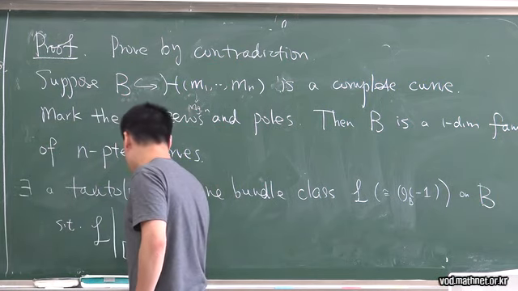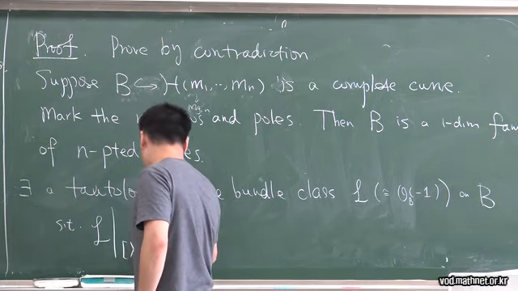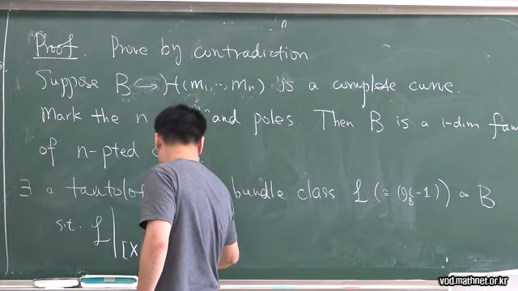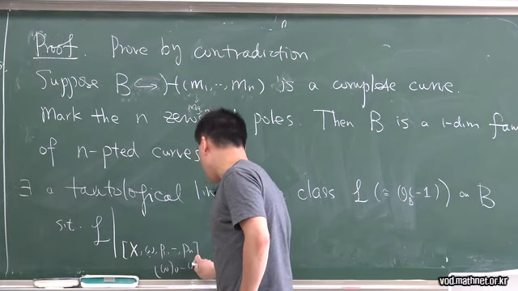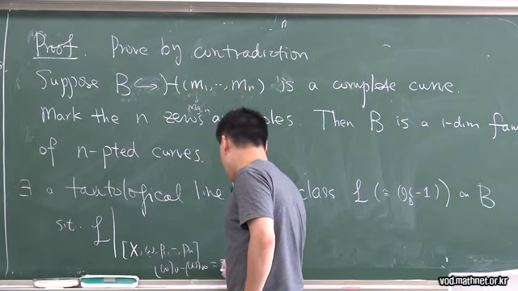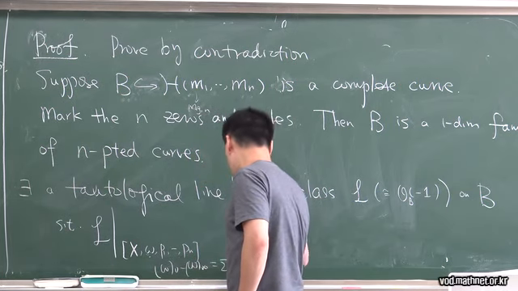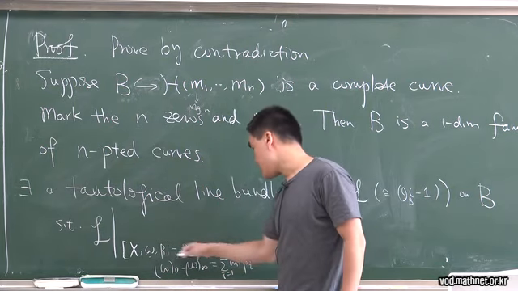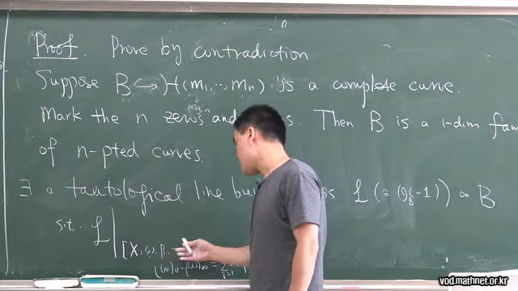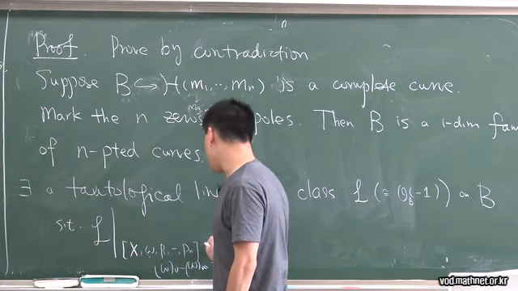Let's write it as (X, omega, P1 up to Pn), where the divisor of omega is the sum of m_i P_i. That's the total setting, right? This is a family of differentials of type mu given by these m_i's, marking these zeros and poles.